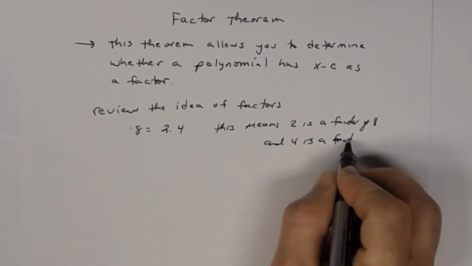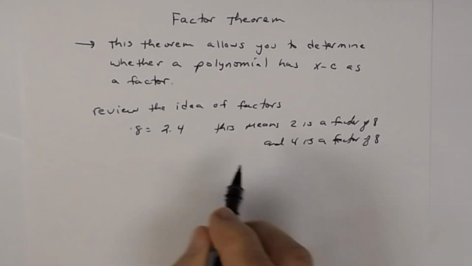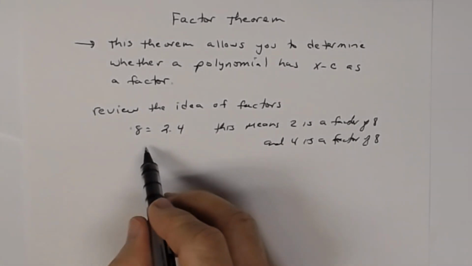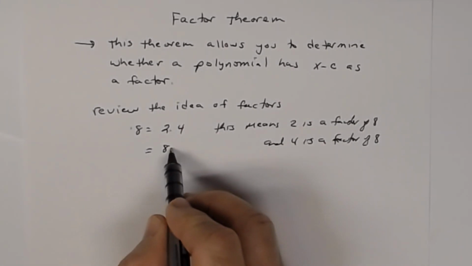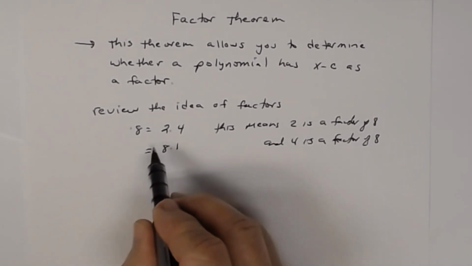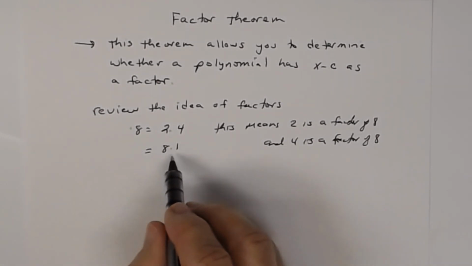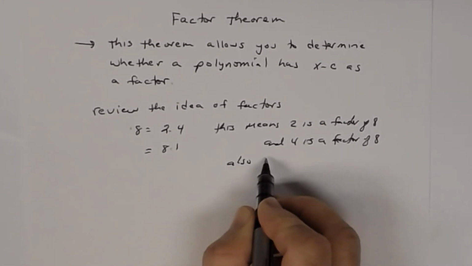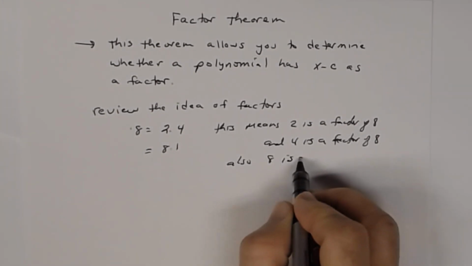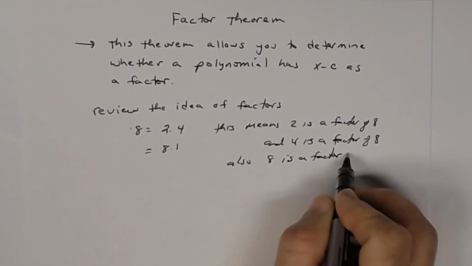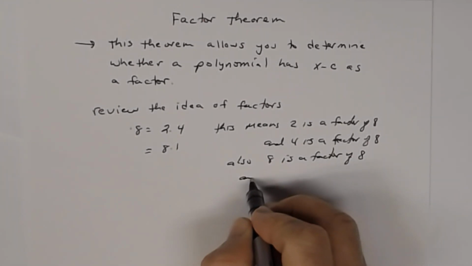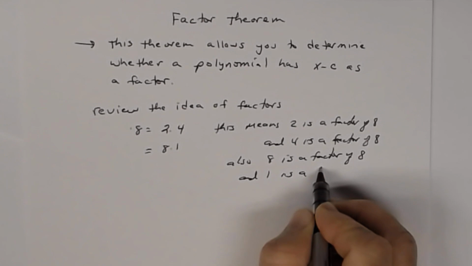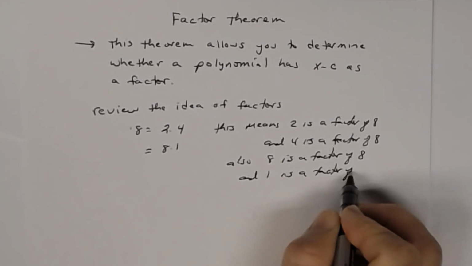And I know that 8 is also 8 times 1, right? So that also means that 8 is a factor of 8 and 1 is a factor of 8.